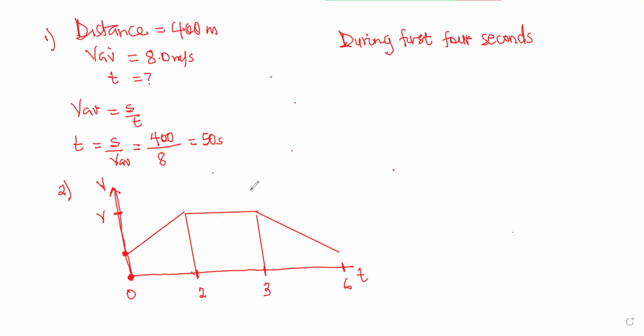Now, when you are given a graph, the first thing to look at is the kind of graph. Is it a velocity-time graph? Is it a displacement-time graph? Obviously, this is a displacement-time graph.